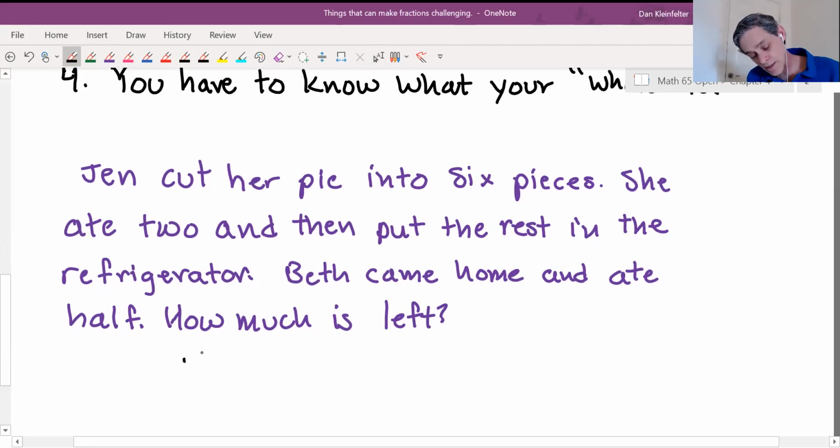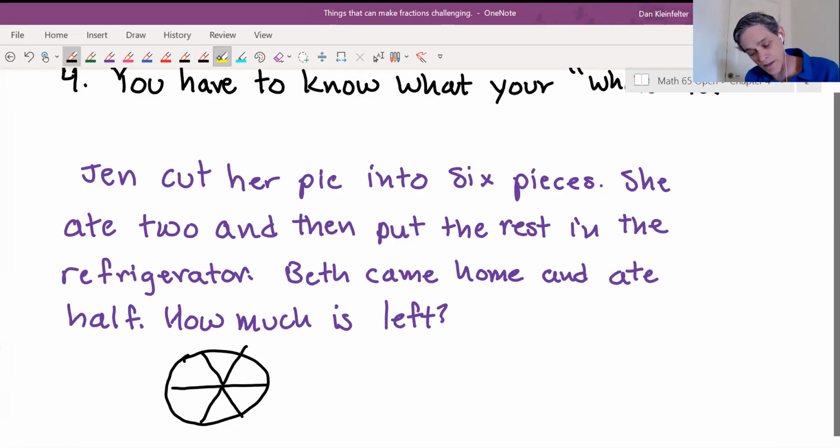So for this question, let's try drawing it out. So there's this pie. We're going to cut it into 6 pieces. That's kind of a bad looking pie, but that's okay for now. So there's 2 eaten. Okay, Jen ate these. Okay, so there are 4 pieces left. Okay, Beth came home and ate half.